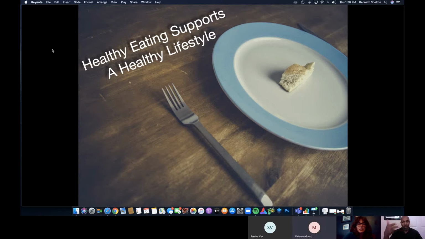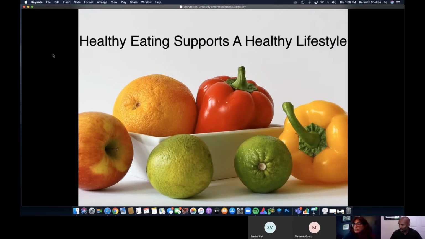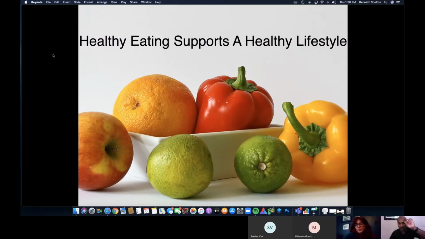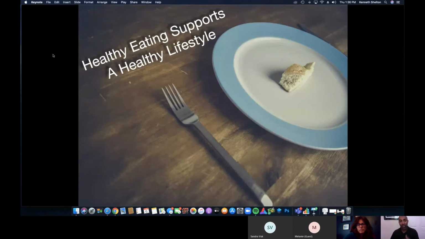So the whole idea around this being indirect. The difference is there's a direct correlation between what's in the image and what the text is. Healthy eating supports a healthy lifestyle. In this one, there's a high degree of inference because it could be the amount that we eat. It could also be that it's bread.